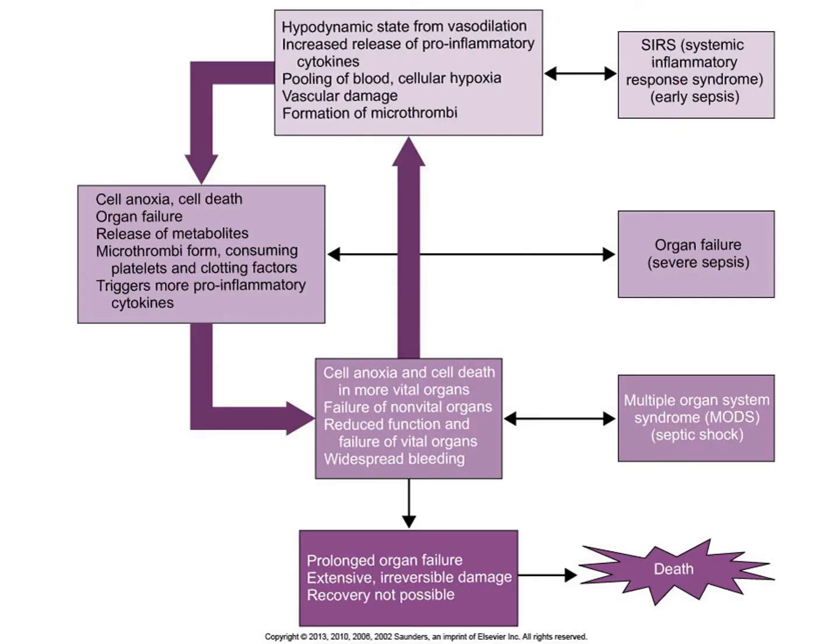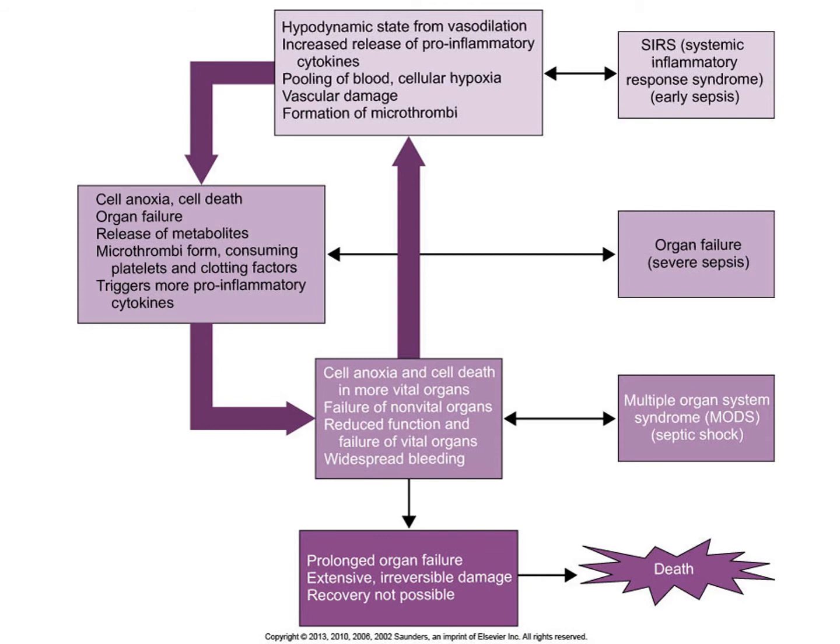This schematic shows the progression of multiple organ dysfunction syndrome when we have a hemodynamic state that decreases the perfusion or causes pooling of the blood or damage to the vascular system. That leads to cell anoxia, cell death, and ultimately organ failure.